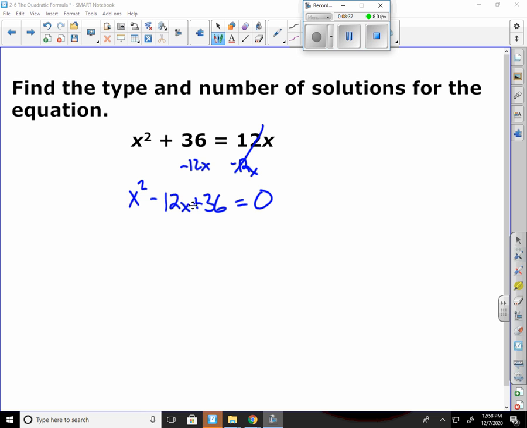Now I just plug my numbers in from the b squared minus 4ac and see what that gives us. So I do b squared, so that's a negative 12 squared minus 4 times 1 times 36.